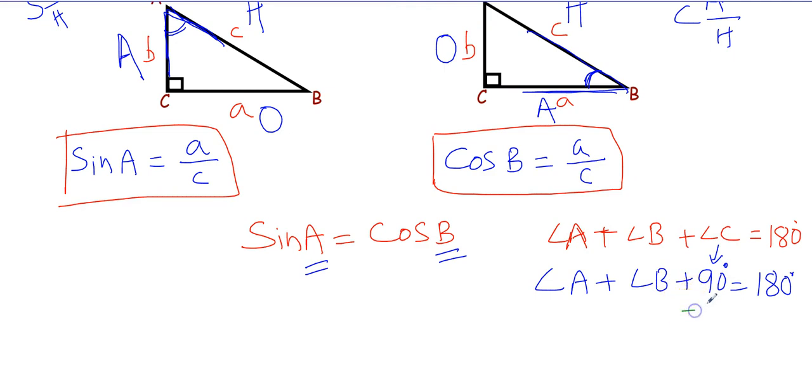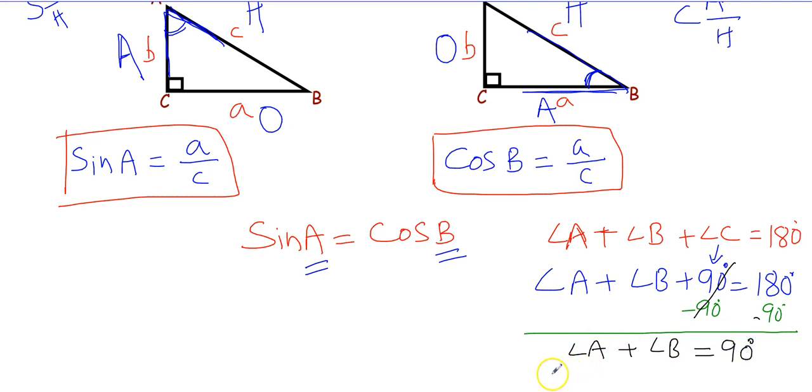Let me move this 90 degrees onto the right hand side so that I can subtract it from 180 degrees, and that gives me angle A plus angle B. Here 180 minus 90 gives you 90 degrees. That is, the sum of those two angles, angle A plus angle B, is equal to 90 degrees.